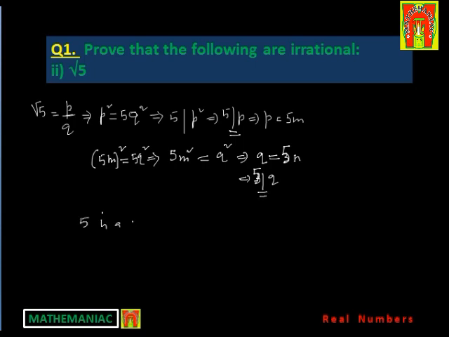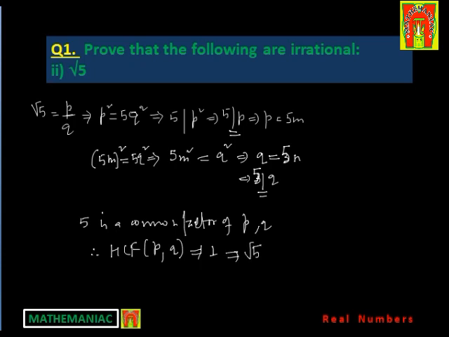That means 5 is a common factor of p and q. Therefore, HCF of p and q cannot be equal to 1. Right? Here when you make a supposition, be very alert. You should consider very definitely that they are relatively prime. So this is a contradiction, and this contradiction will definitely lead you to this. You write the statement, please: root 5 is irrational.